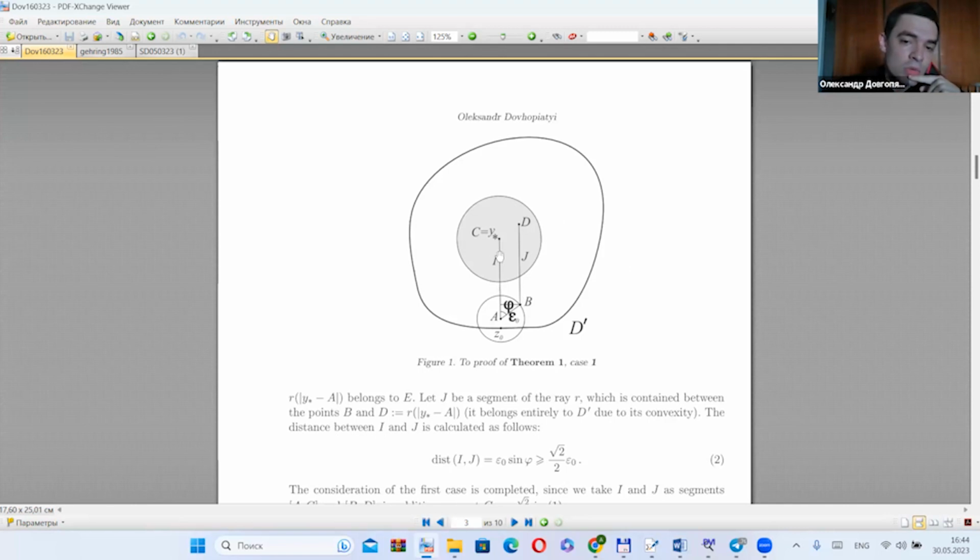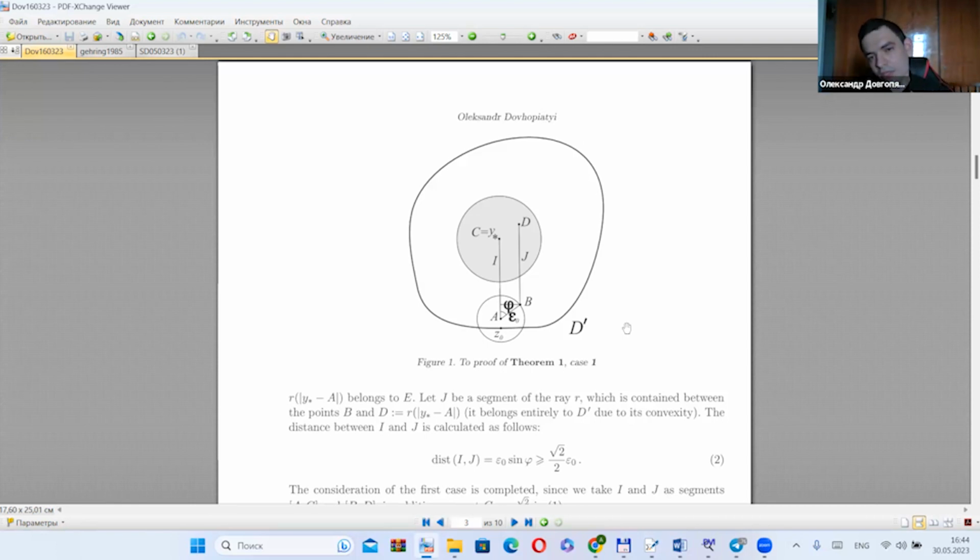I want to note that the angle between vectors A y star and AB can be less than pi divided by 4, and we will call such angles small angles. These angles can be more than pi divided by 4 but less than 3 pi divided by 4, and we will call such angles large angles.